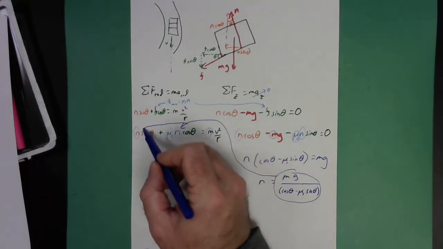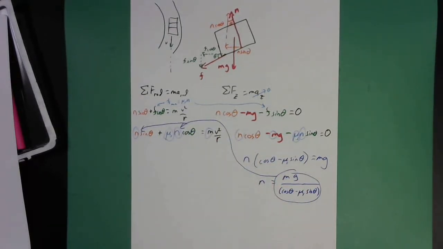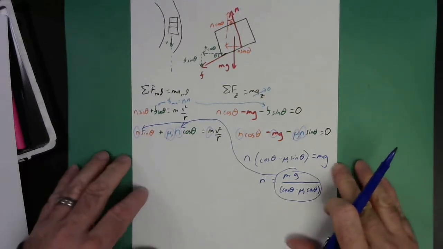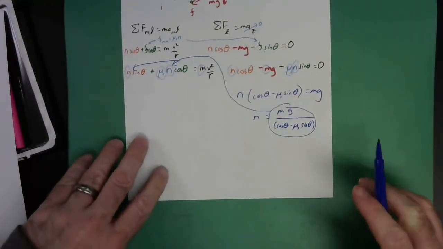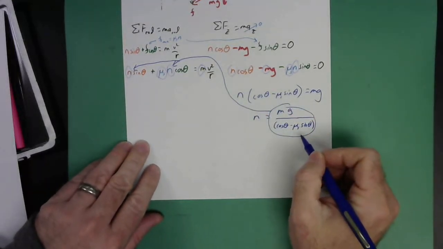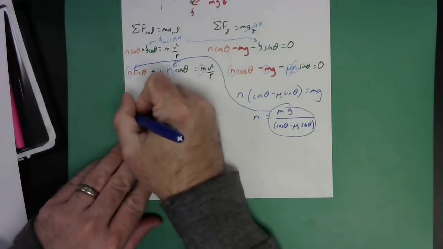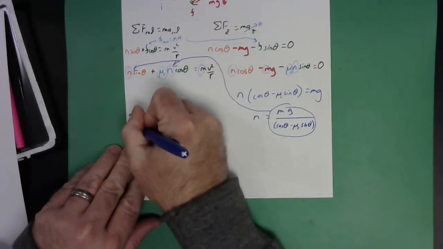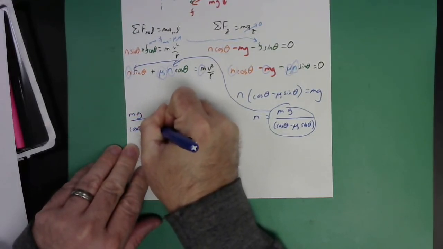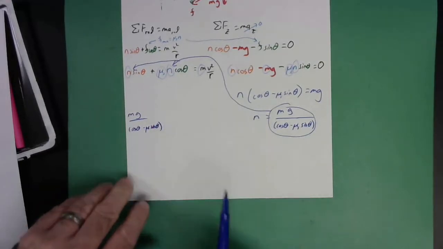That would be there and there. So what does that look like? It's mg over cosine theta minus mu sine theta, then times a sine theta.